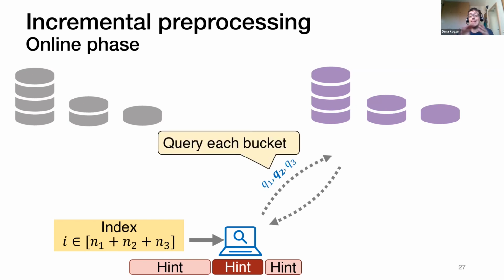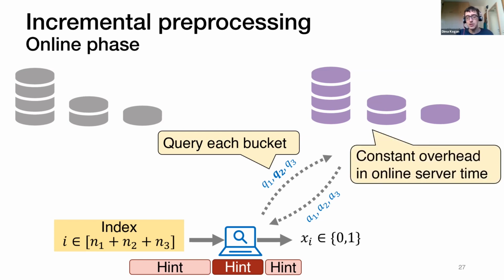However, to avoid leaking the bucket that the client is querying, it also sends some dummy queries for the other buckets. The server runs the online phase on each bucket with the query that the client sends it, and the client gets all the responses. The client uses the hint and the response for the bucket it is interested in to output the value of its bit of interest.